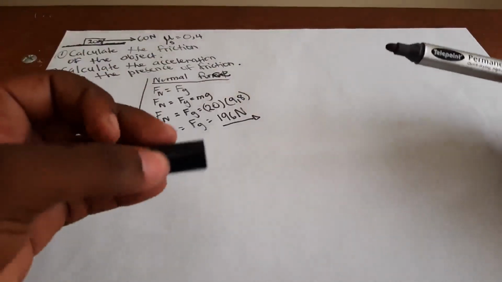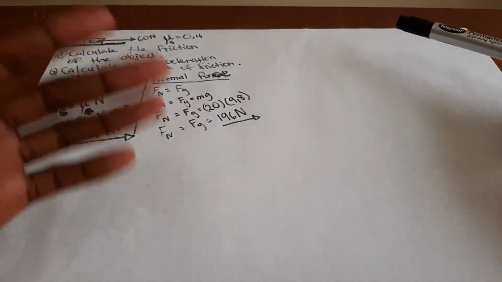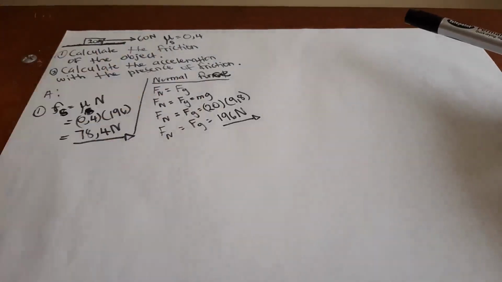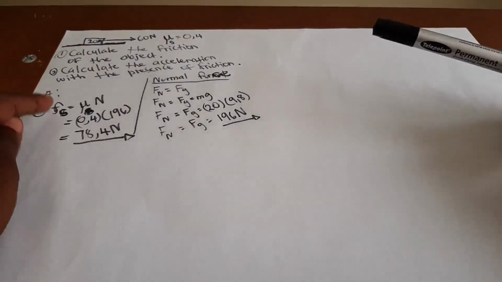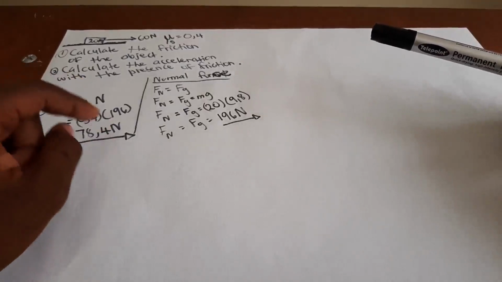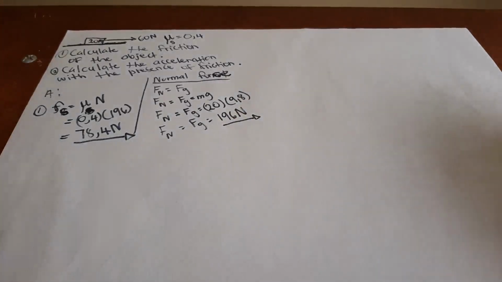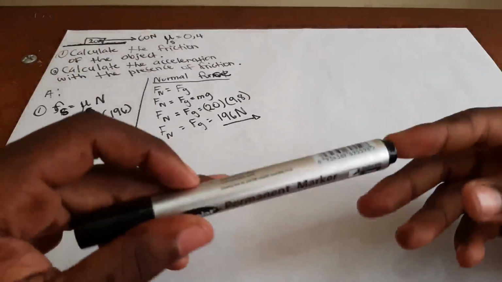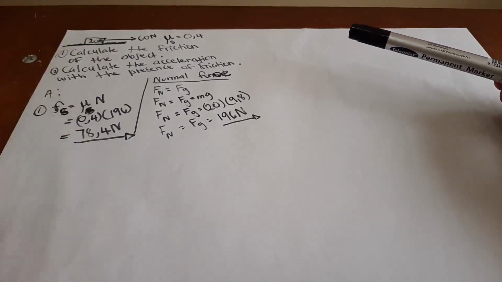So if our static frictional force is 78.4 newtons and our applied force is 60 newtons, this basically means that this object is not moving, meaning that the maximum static frictional force hasn't been overcome.